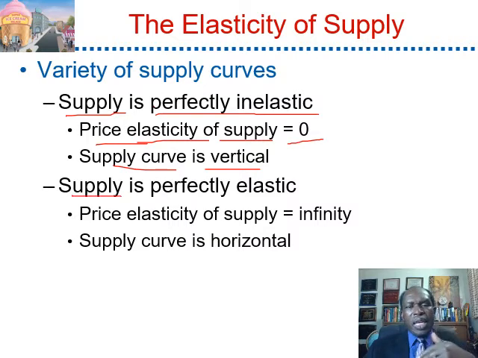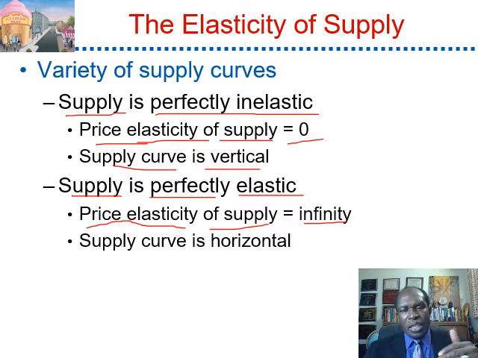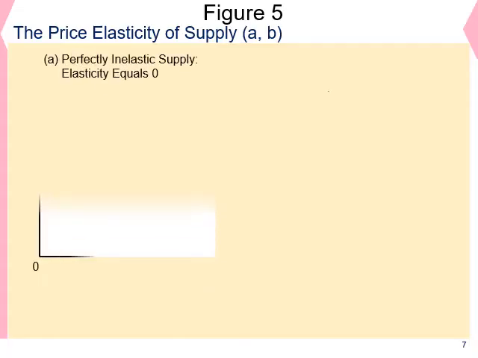The supply is perfectly elastic when the price elasticity of supply is equal to infinity. So this means that the percentage change of the price is then equal to 0. So the supply curve is horizontal in this case.